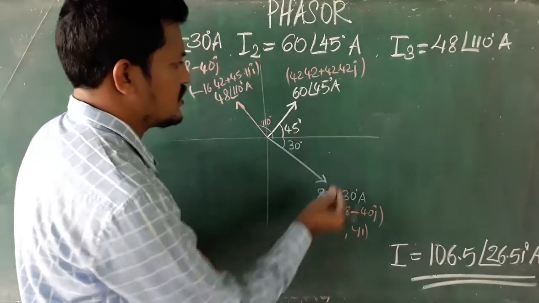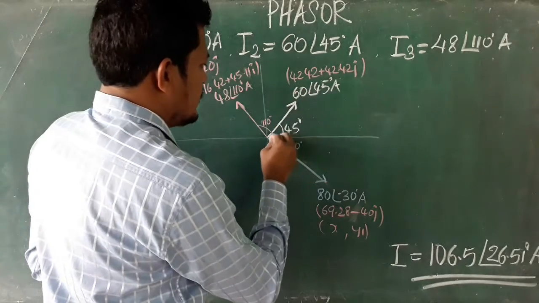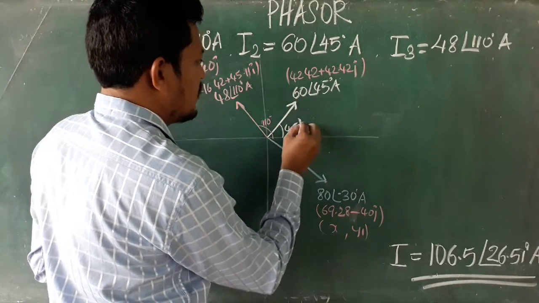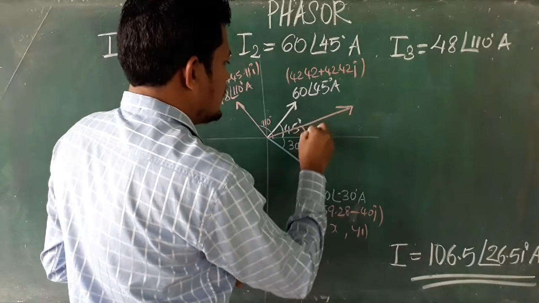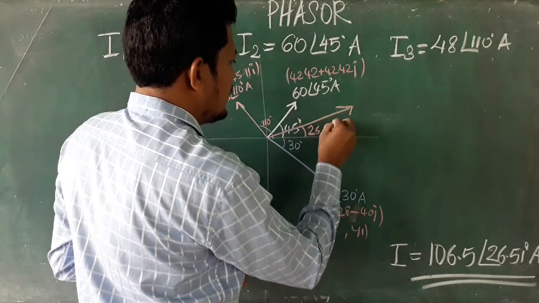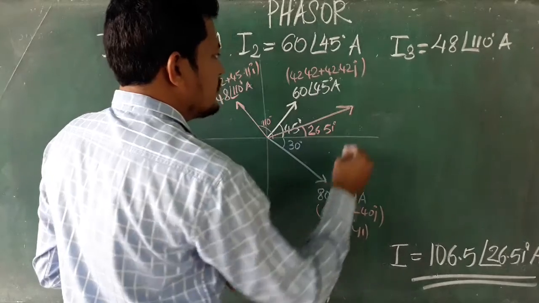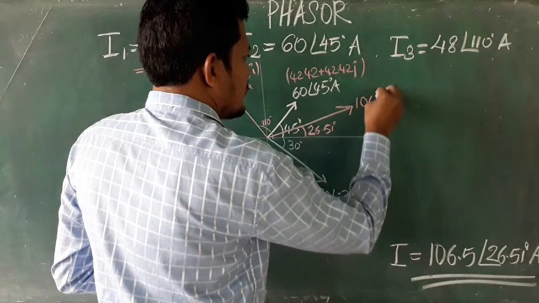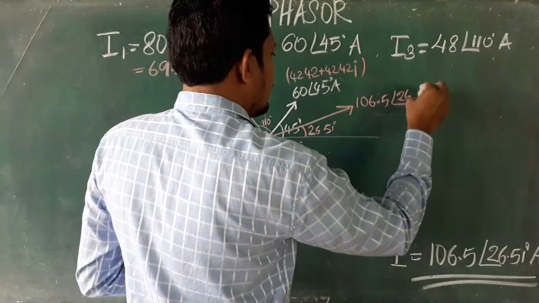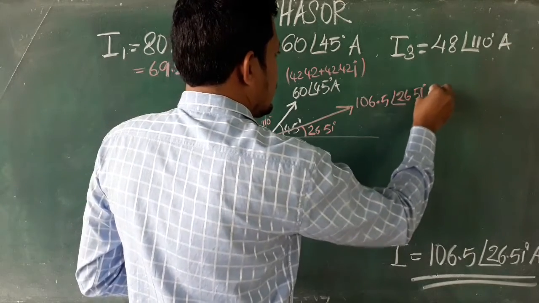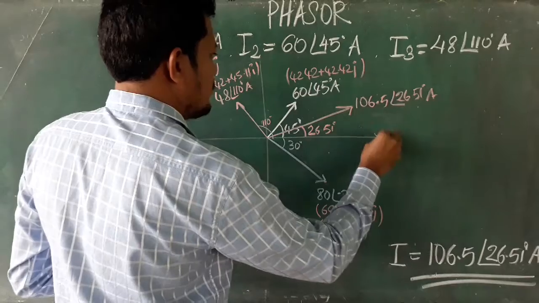It's positive, positive means anti-clockwise direction, 26.5 degree. So the total current is 106.5 at an angle 26.5 degree ampere. This is the answer.